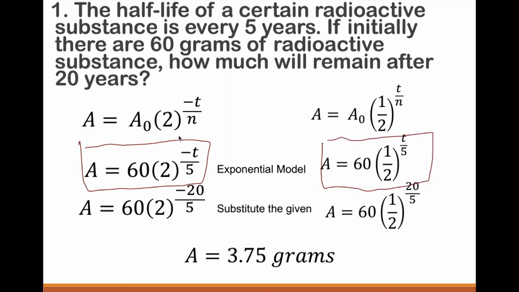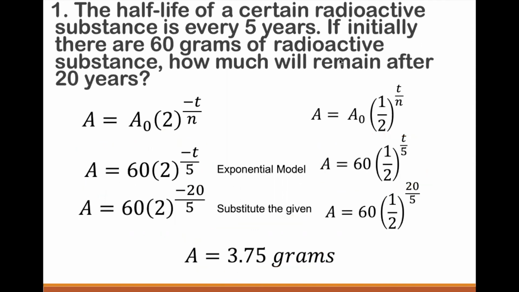Using the first formula, your base is 2; here your base is 1/2. Substituting, you'll get that the amount of the substance after 20 years is 3.75 grams. You may use either of the two formulas. It will give you the same answer.